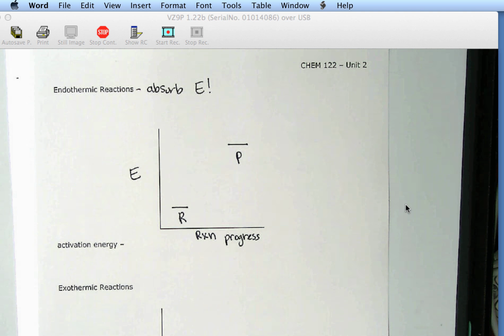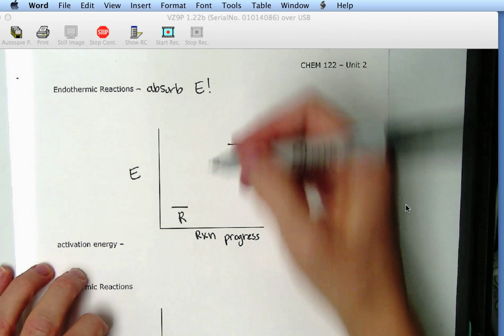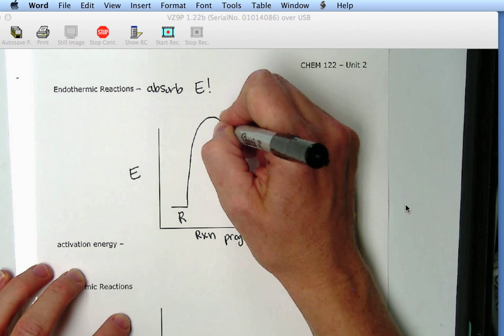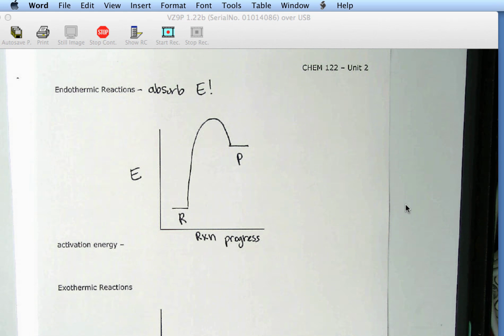So an energy diagram for an endothermic reaction looks like this. So there is a point in your reaction where you're kind of halfway between reactants and products.